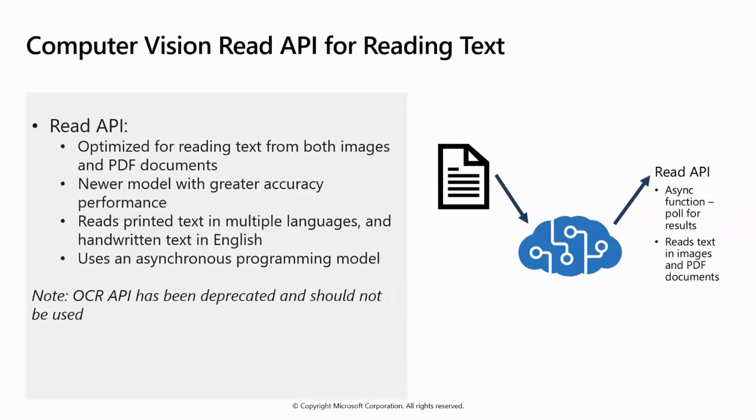In the case of Image Analysis, keep in mind that version 4 adds the ability to read text, which is still in preview. We are going to use this API to get small amounts of text from images, or it returns information about the context, such as the line number and position.